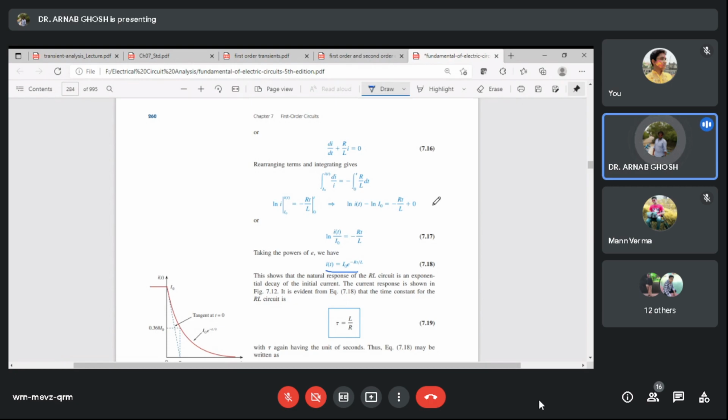If you look at the expression of the current here, k, which is a constant, has been identified as I0, that is the initial constant current within the inductor, multiplied by e to the power minus t by tau. So what should tau be? Comparing with that general expression, tau is equal to L by R.